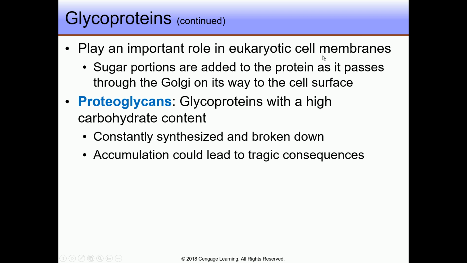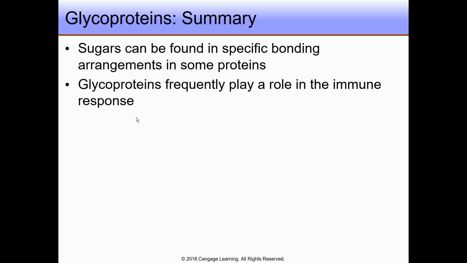These glycoproteins are also part of cell membranes. We have talked about glycoproteins when we talked about the cell membrane. Proteoglycans are present in the extracellular matrix of animal cells, and they are basically glycoproteins with high carbohydrate content. Glycoproteins play a role in the immune response.